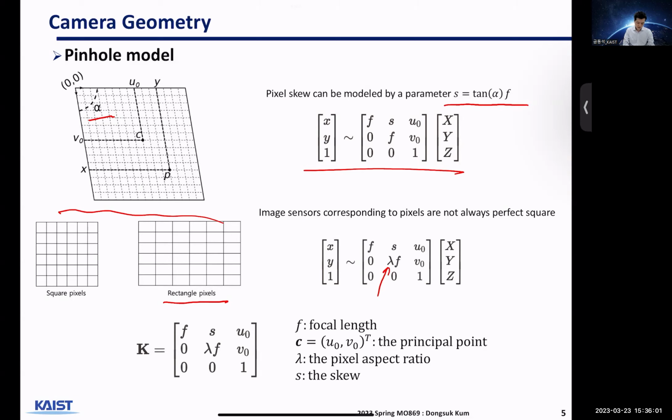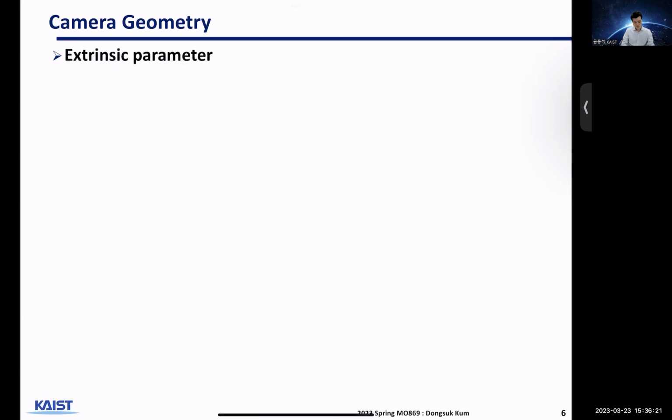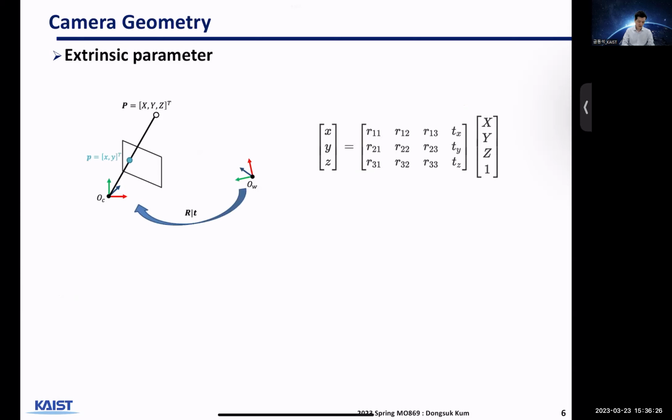So this is the intrinsic parameter, the intrinsic matrix, where f is focal length, c is the principal point, lambda is the pixel aspect ratio, s is the skew. So that's the definition of intrinsic parameters, and let's move on to extrinsic parameters.